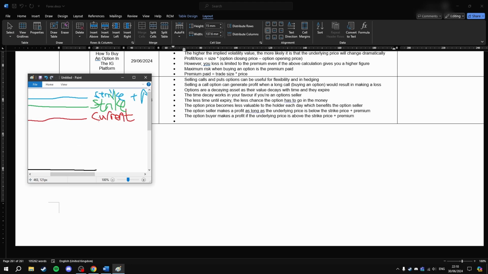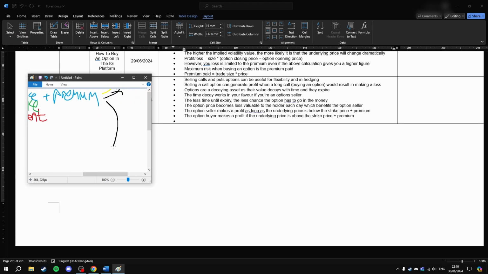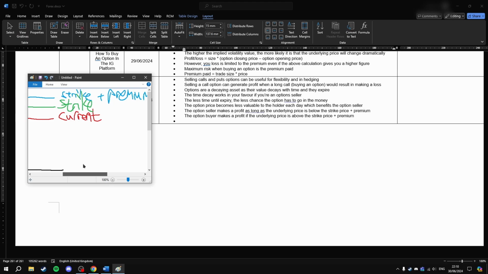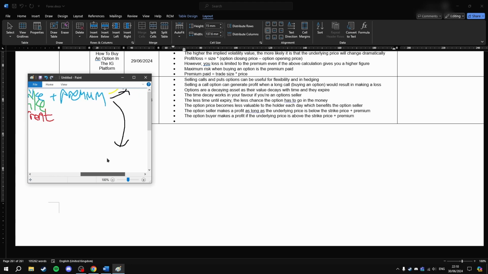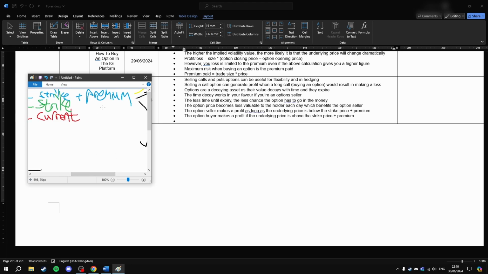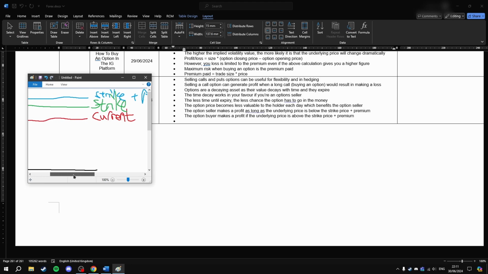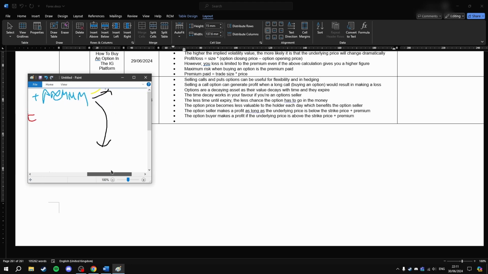Option seller makes a profit as long as the underlying price is below the strike price plus the premium. So anything below this bit is the seller's profit. So you could think of shorting a call option as the opposite of buying a call option.